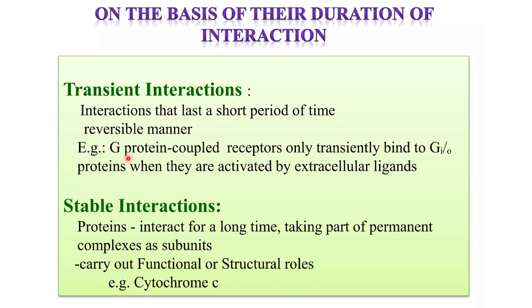Then you have stable interactions, where the proteins interact for a long period of time, taking part in permanent complexes as subunits, and they carry out functional or structural roles. For example, you have cytochrome C.